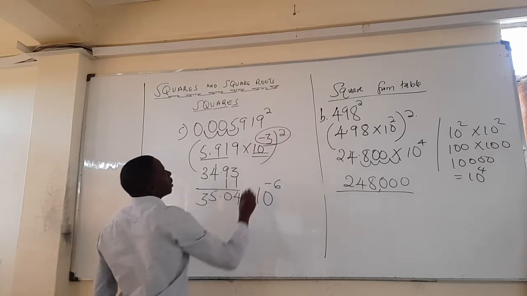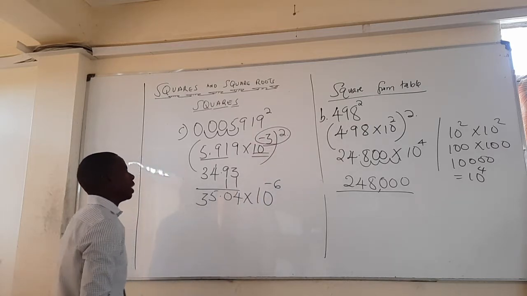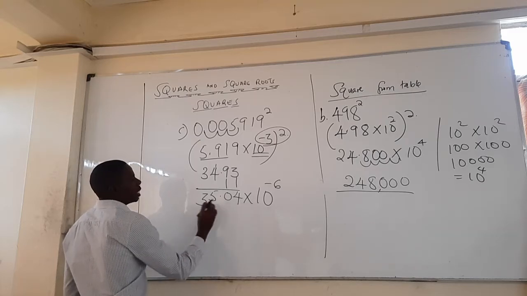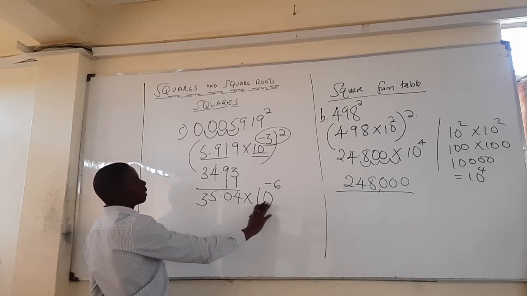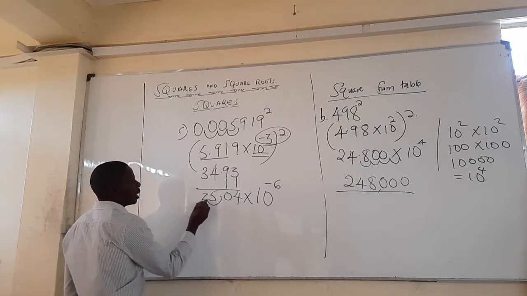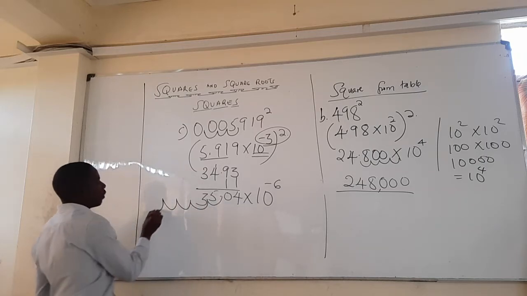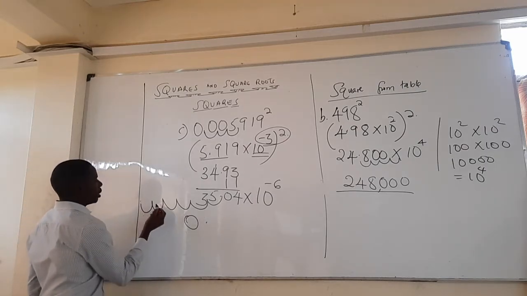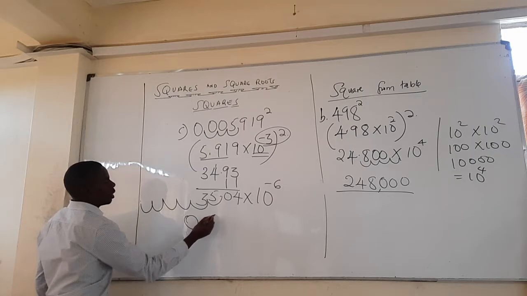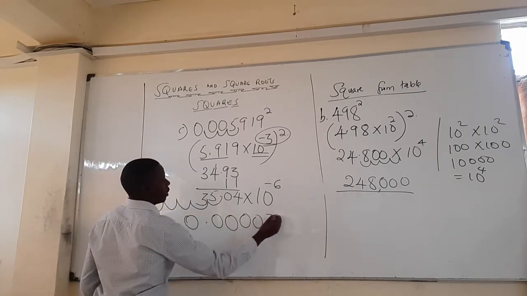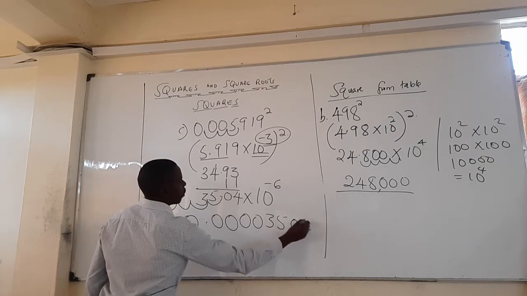We multiply the powers there, and of course we are going to have that 5.04 times 10 power negative 6. We go backward 6 steps: 1, 2, 3, 4, 5, 6. So we have 0.0000 3504.